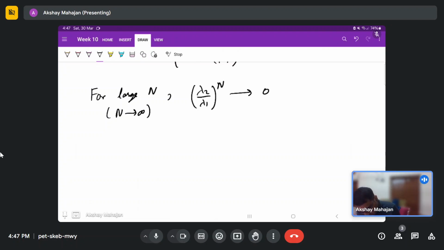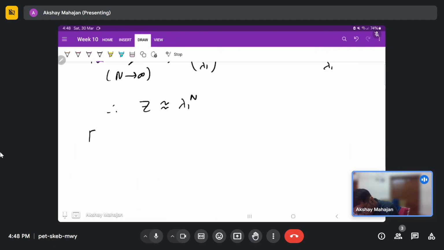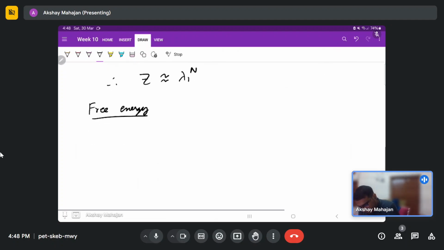Okay, since lambda 2 by lambda 1 is less than 1, therefore our partition function will be approximately equal to just lambda 1 to the power n. Okay, now we have to find the free energy. Now to find the free energy, we know the relation: if we have the partition function, free energy is given by minus kBT ln of this Z, which is our partition function.